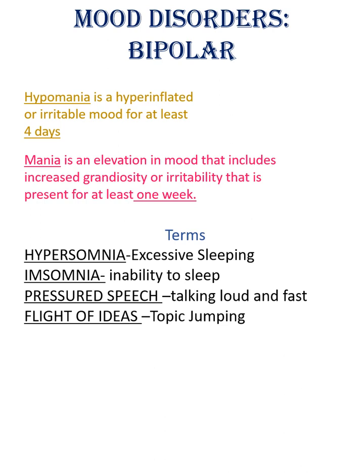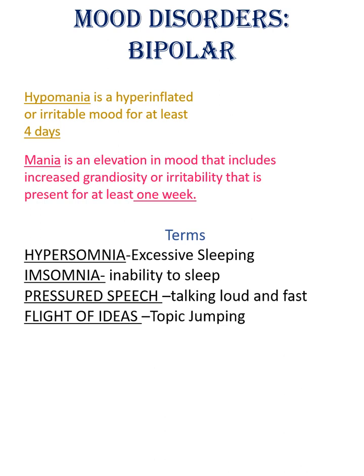So we have a couple types of bipolar disorder. We have hypomania. This is going to be a hyperinflated and or irritable mood that's going to happen for at least 4 days. This is less intense than mania, hence hypo meaning under. We're a little above baseline, but we're not quite at mania.